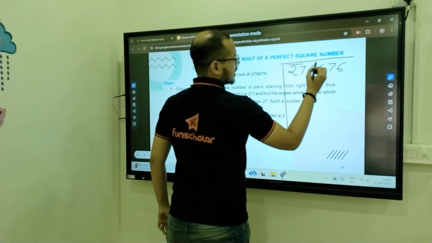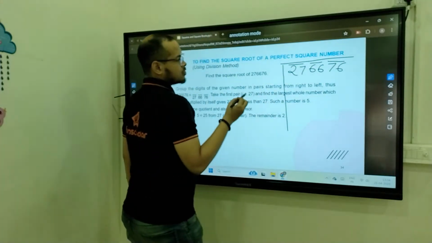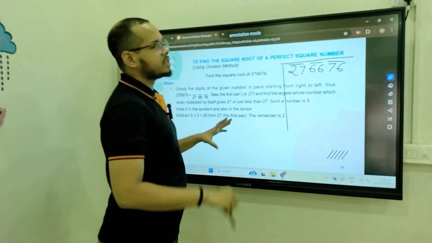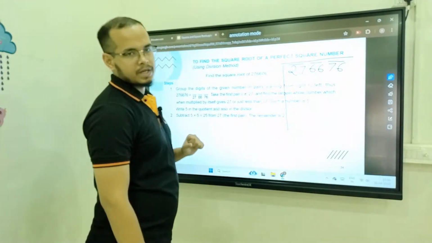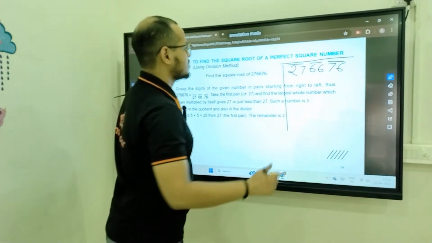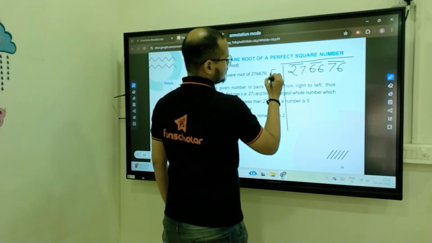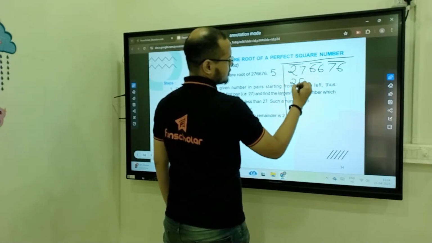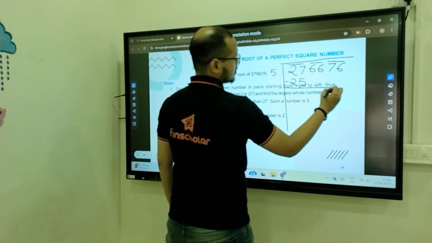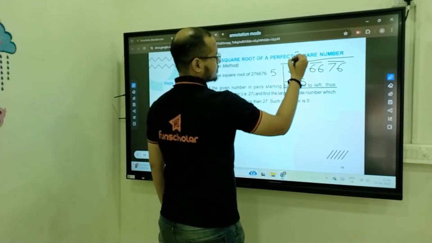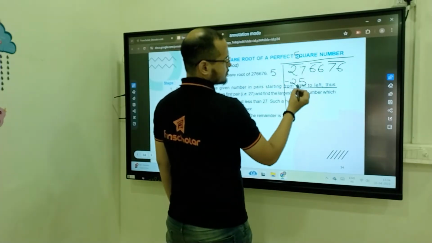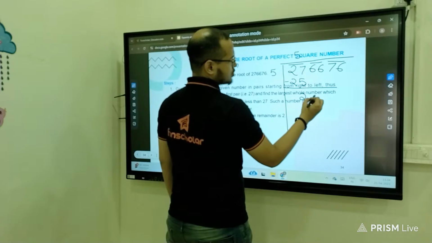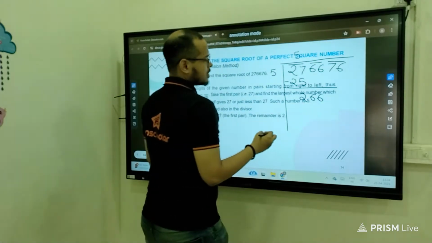We already have the square with us. So 27. What is the square root that is nearest to 27? We all know that is 5, right? So we'll write 5 here and 25 here. Minus 25, we get 2, and bring down 66, so 266.